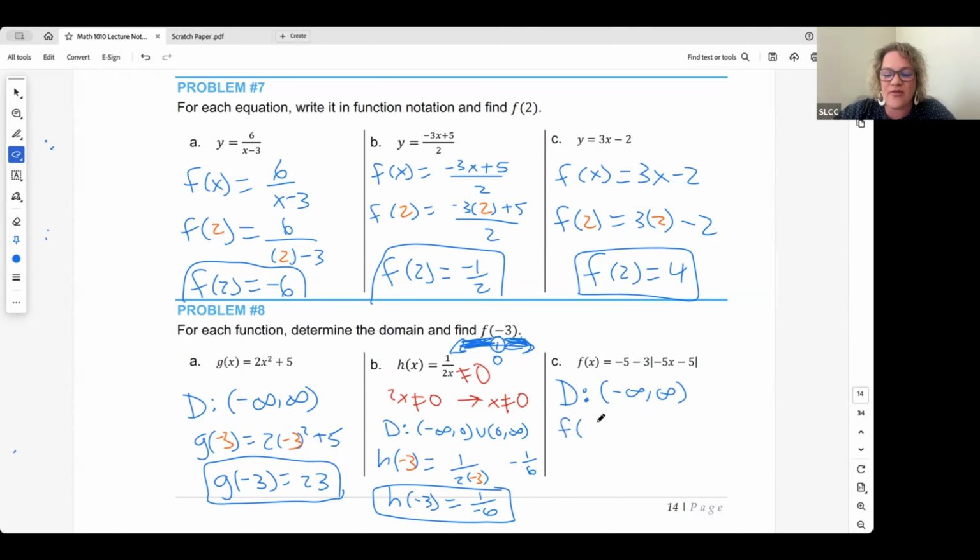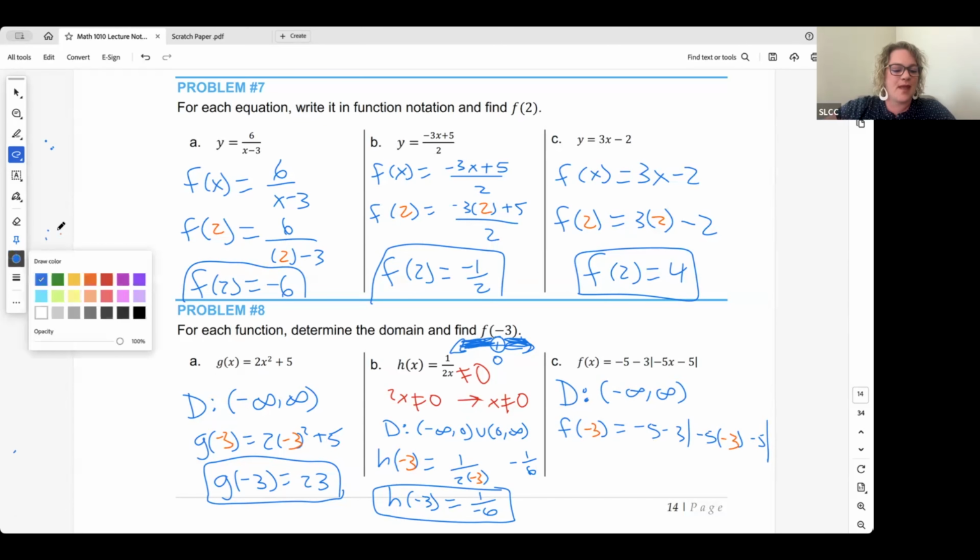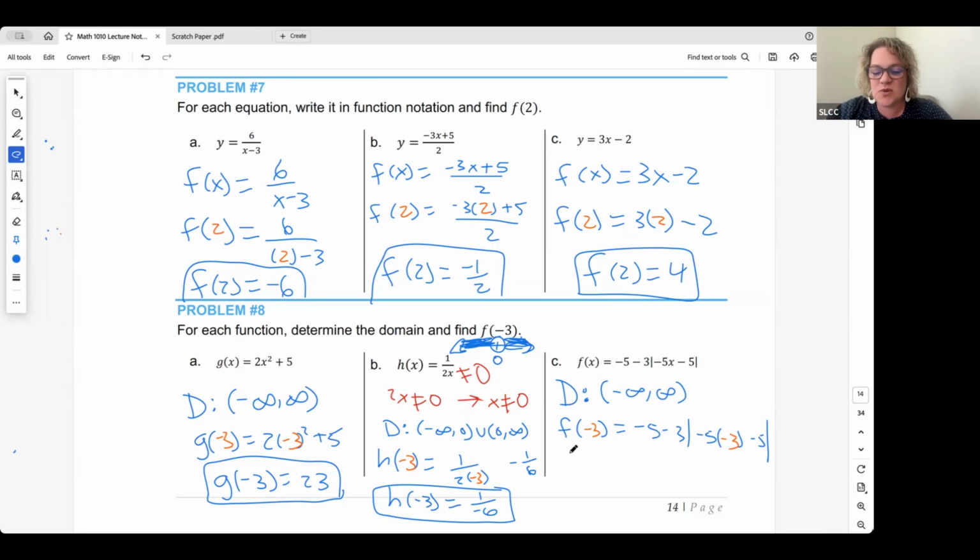Now let's find f of negative 3. Okay, how do I evaluate this? So this would be negative 5 minus 3 times what's inside the absolute value. So go through your order of operations, negative 5 times negative 3, that would be a positive 15.